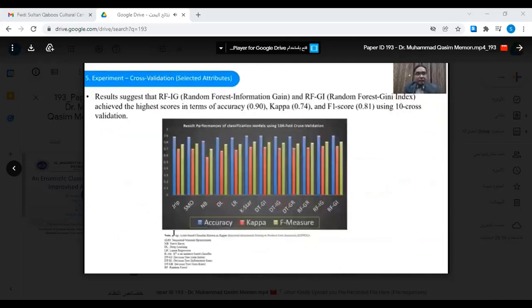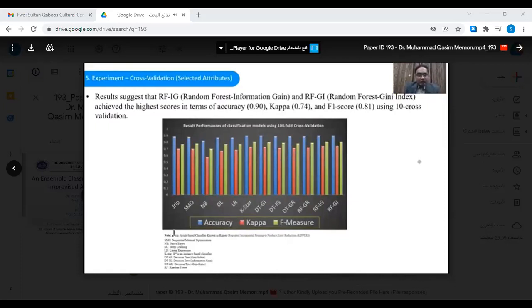In the next slides, I would like to show the cross-validation on selected attributes, which was done with the filter-based method. The results suggest that random forest based upon information gain and random forest based upon the Gini index achieved higher scores in terms of accuracy 0.90, kappa value 0.74, and F1 score 0.81 using 10-fold cross-validation.